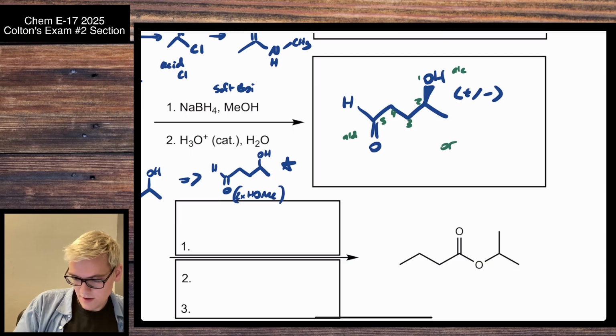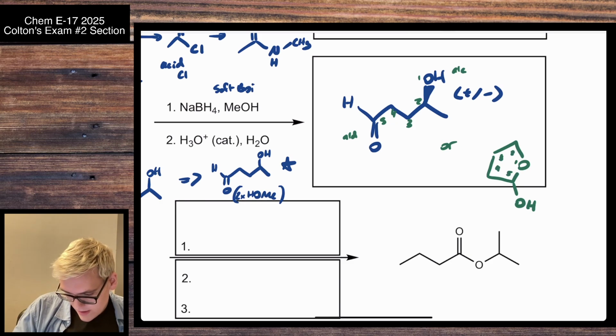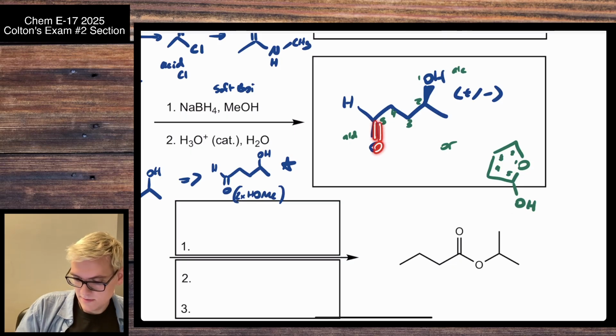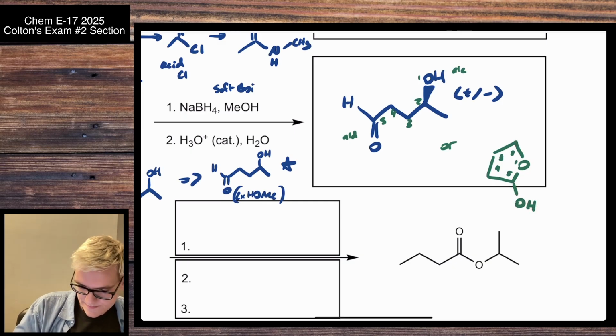So we could form this, and I'll number it all. 1, 2, 3, 4, 5. And now this O that was in the carbonyl is now an OH. And on carbon 2, we need to have a methyl.